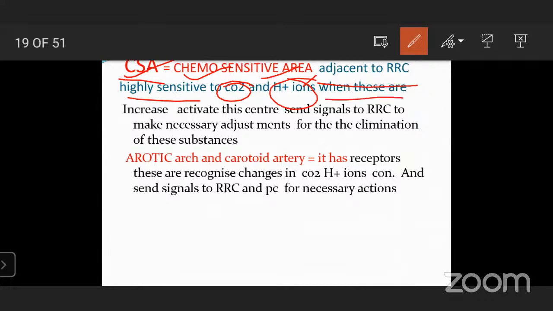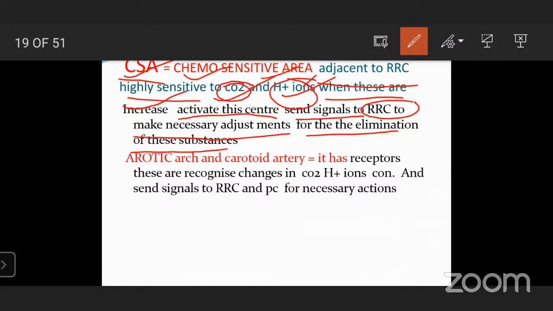When these are increased in the blood, what happens? Automatically the CSA is activated and sends a signal to the RRC to make the necessary adjustments for the elimination of these substances. What are the substances? Carbon dioxide and hydrogen ions. So this is very important, sir.